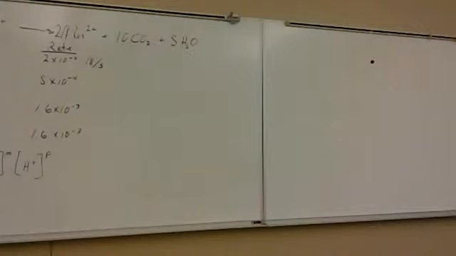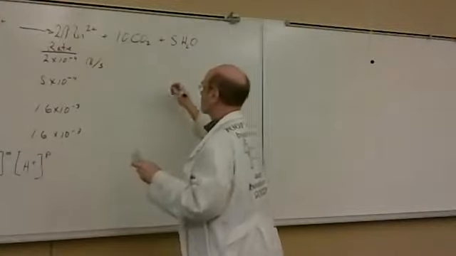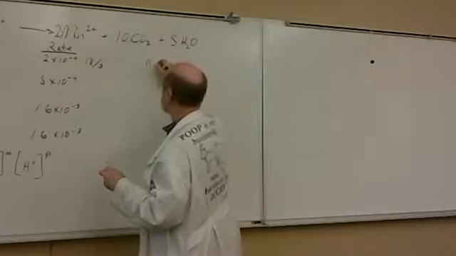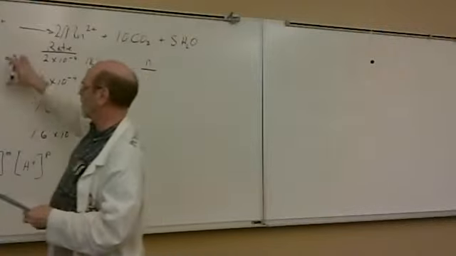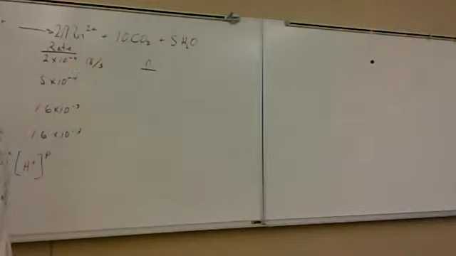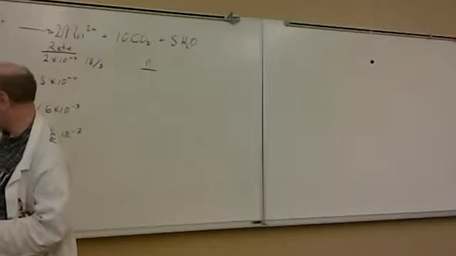This is number 1, 2, 3, and number 4. So for determining the value of N, we need to hold these two constant and let this one vary, because that's how we get this one.